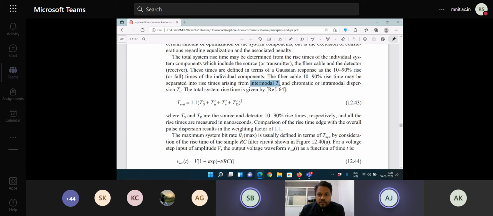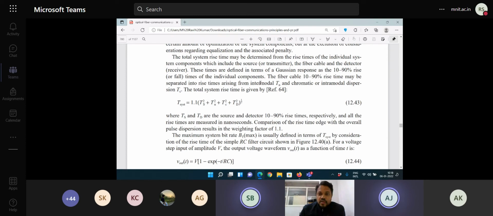Because of intermodal dispersion, you have the rise time Tn, and intramodal dispersion will give you another rise time.